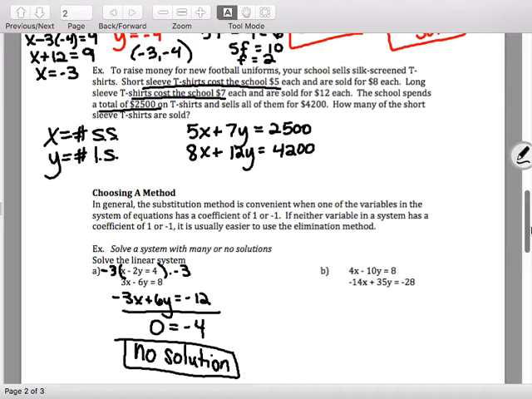Now, for some of you, you've got really good number sense. If I look at 4 and 14, they both go into 28. And for others of you, you're like, whoa, how did you get 28? If you're in the second group, you can take the top row times 14 and the bottom one by 4. The numbers are just bigger, and it's okay.